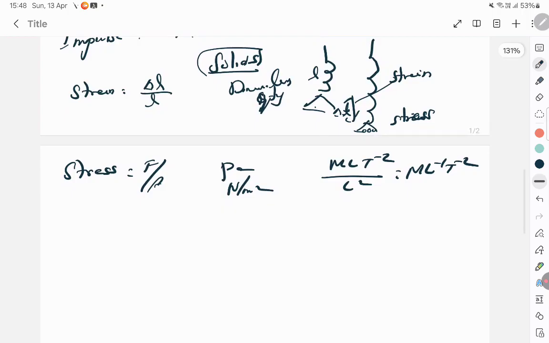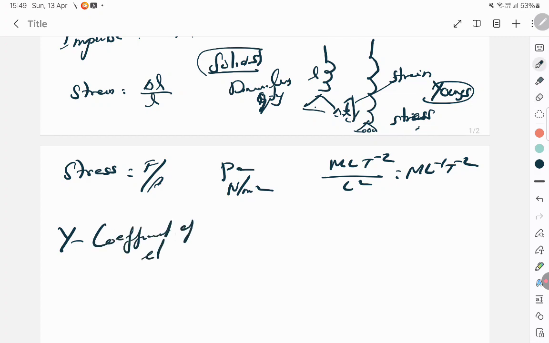Next, I taught you about stress and strain. Young was a scientist who found that the more the stress, the more will be the strain. It is represented by Y, which is called the coefficient of elasticity. You can also say modulus of elasticity, but for consistency's purpose, we'll say coefficient of elasticity.